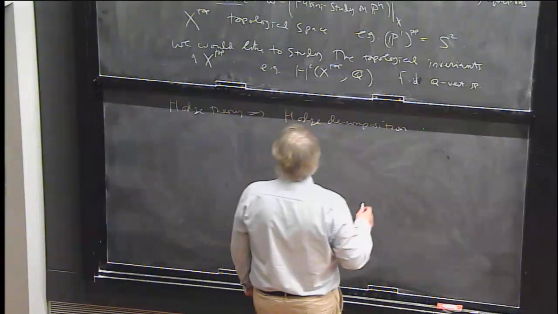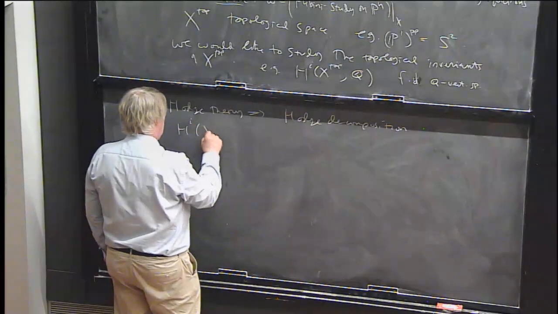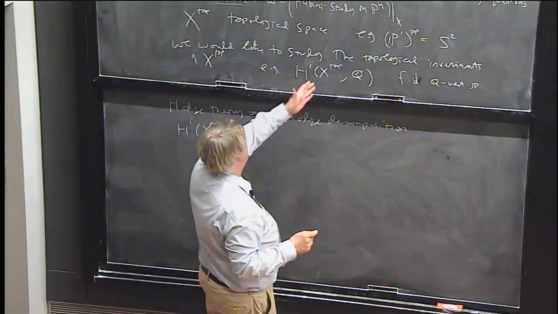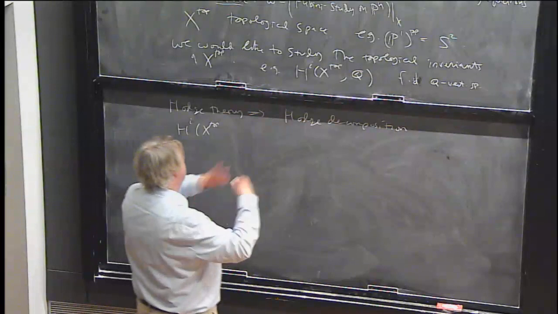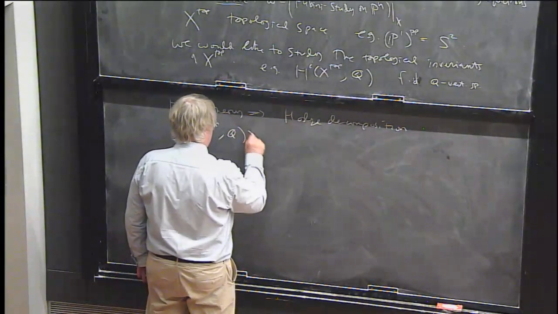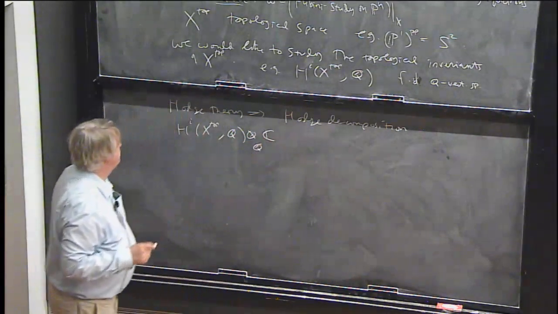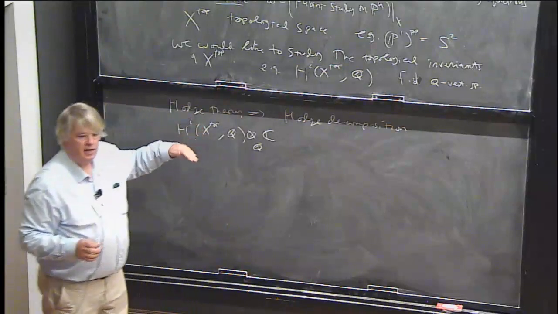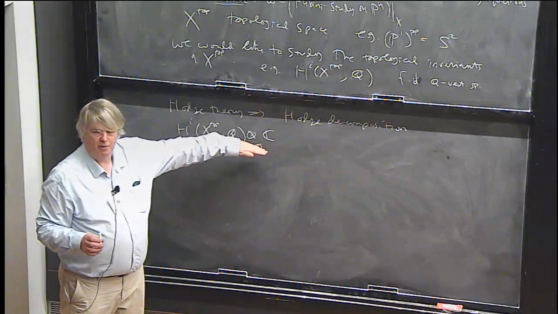Okay, so the Hodge decomposition is, we take this thing. For example, by this I mean singular cohomology or Čech cohomology, or you could just take the homology and take the dual if you want. This is an important point: the information we get from Hodge theory is happening on a complex vector space.